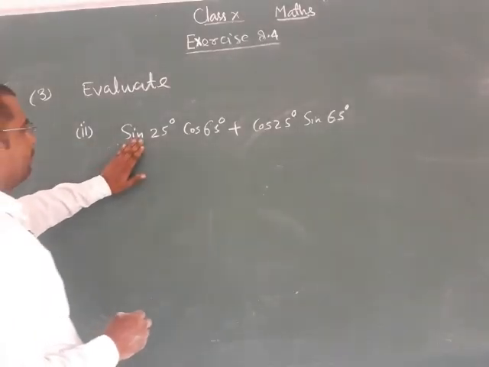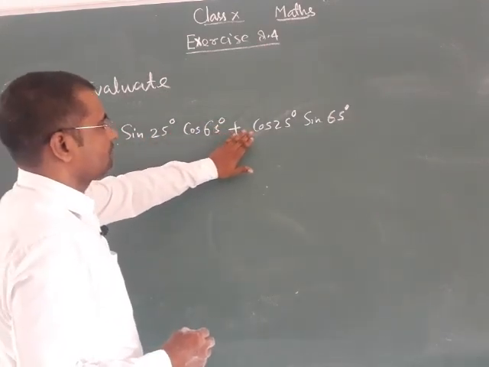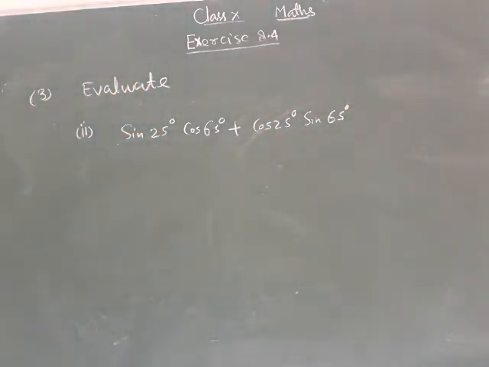Second part: sin 25 degree cos 65 degree plus cos 25 degree sin 65 degree.